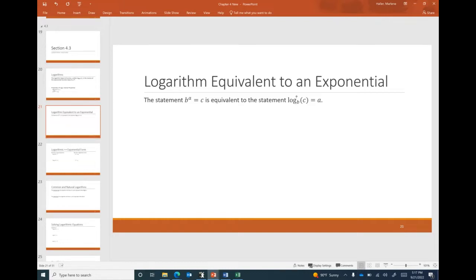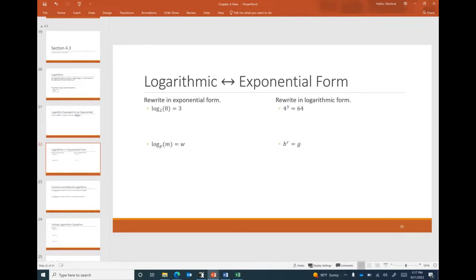The logarithm here is really just the exponent in the exponential equation. Look, a is the exponent. It's equal to log base b of c. So a logarithmic expression will evaluate to an exponent. Converting from exponential form to logarithmic form is not difficult.